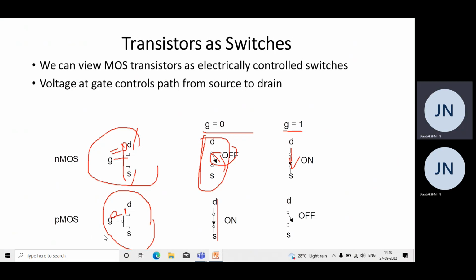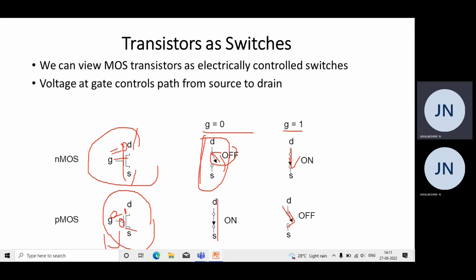This bubble indicates it performs inversion or complement. So when you give input as 1, its complement is 0. When it is 0, we can say this is an open circuit and there is no current flow from drain to source terminal. This is how the transistors can be accessed as switches.